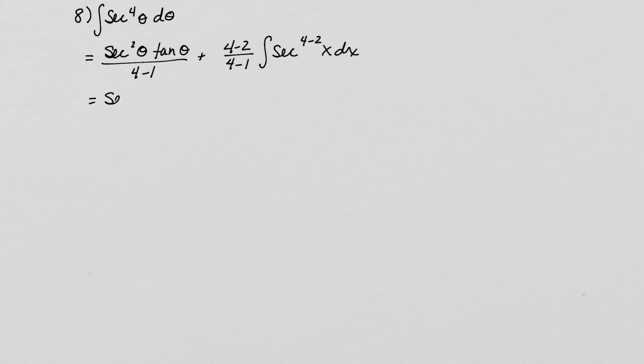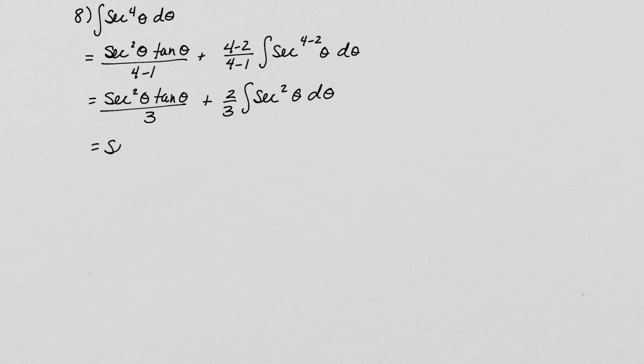So in this case, we're going to end up with secant squared theta tangent theta all over 3, plus 2/3 the integral of secant squared theta d theta. The integral of secant squared theta is tangent theta, so tangent theta plus c. It is a little bit shorter if you use the reduction formula, and that's totally fine. You definitely could do that.